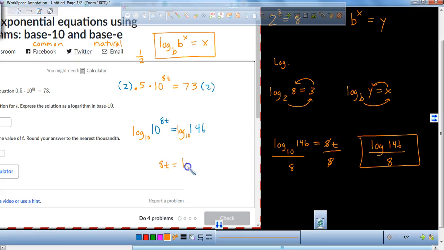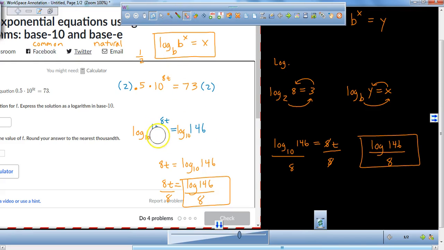And then here I can write log base 10 of 146, but I don't technically have to write the 10. I can simply write 8t equals log 146. Then I divide both sides by 8, and I get the same answer. Do you have to write log base 10 right there? No, you don't, because that's the common log.